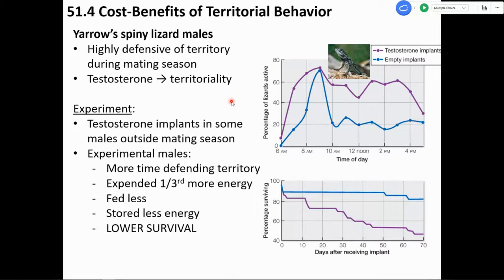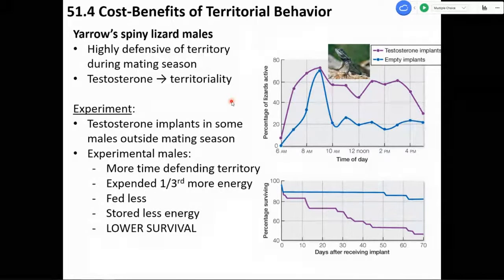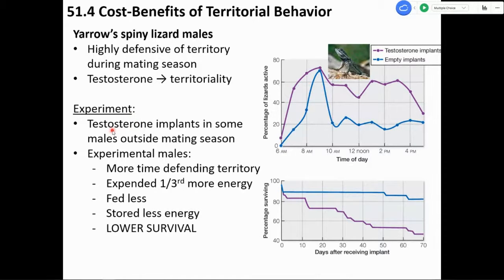In this experiment, which was designed to look at the costs of that territoriality, they examined lizards outside of the breeding season. Their testosterone levels go down outside the breeding season, and they stop doing as much of this territorial behavior. They implanted some of them with testosterone, so that it was as if it was the breeding season. In the control group, they implanted them with the same thing, but without the testosterone.